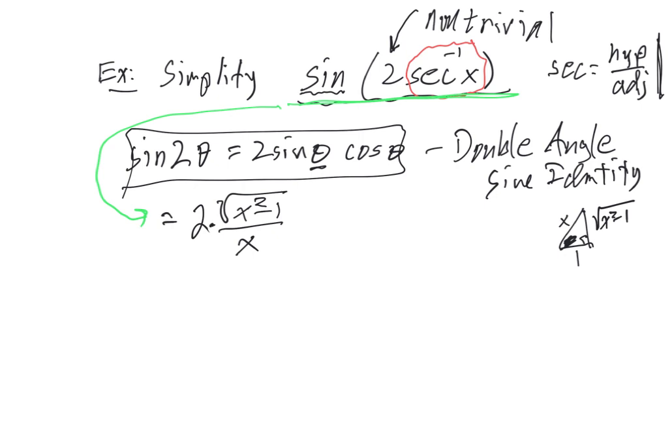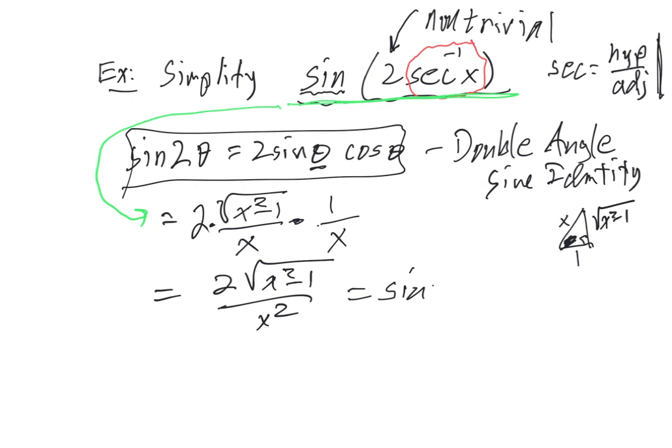So 2 times that times the cosine of this angle. Well, the cosine is 1 over x, adjacent over hypotenuse. And now we've done it. We found the algebraic function. Let's just clean it up a little bit. So I get twice the square root of x squared minus 1, divided by x squared. That is exactly the same function as the one we started with, the sine of twice the inverse secant. Okay, and we did it.